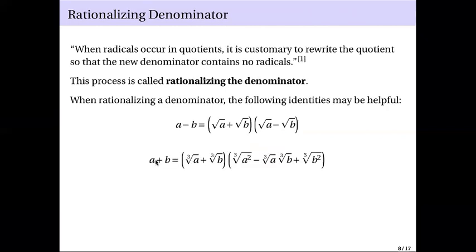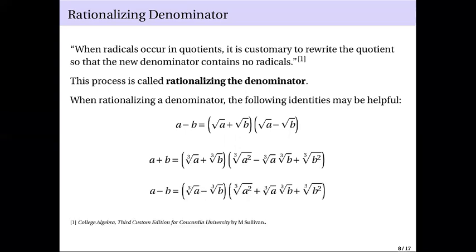Or you can write a plus b as cubes if cubes appear in the denominator. In here, a plus b equals cube root of a plus cube root of b times cube root of a squared minus cube root of a cube root of b plus cube root of b squared.